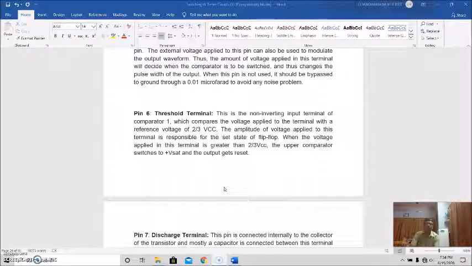The amplitude of voltage applied to this terminal is responsible for the set state of the flip-flop. When the voltage applied to this terminal is greater than 2/3 VCC, the upper comparator switches to plus saturation voltage, the flip-flop is reset, and the output gets reset.